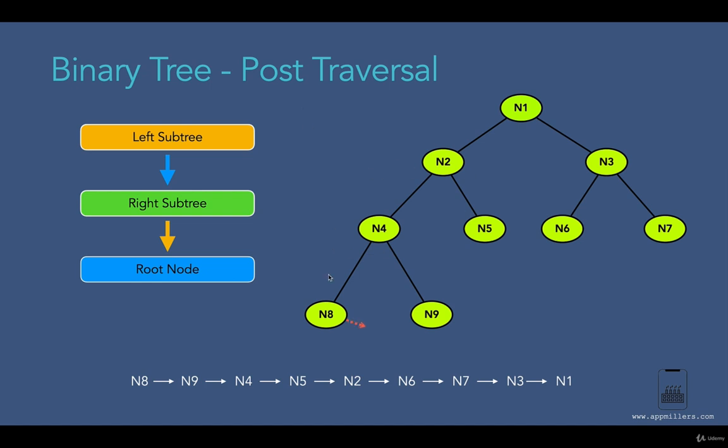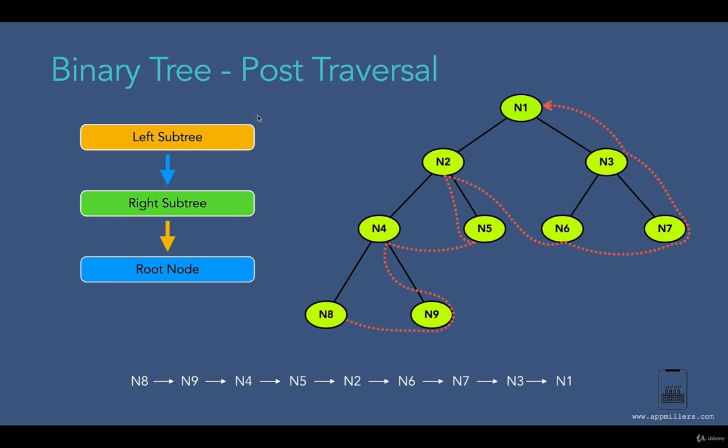First, we start from the left subtree's leftmost node, in this case N8, then N9, then N4, then we continue with N5, then N2, N6, N7, and N3, and at the end the root node of this binary tree, which is N1. With this, we have completed visiting all nodes of this binary tree in post-order traversal.